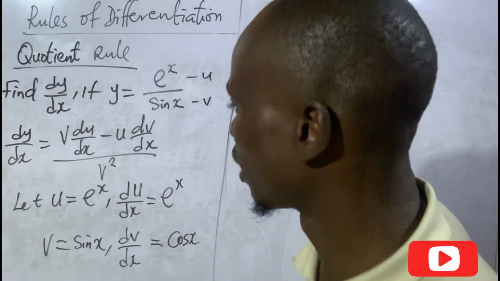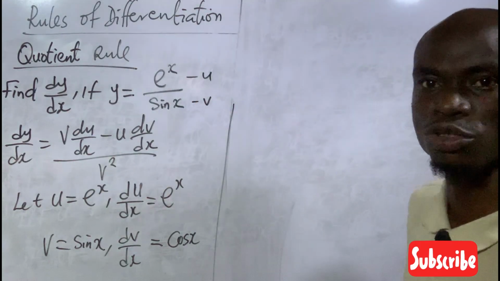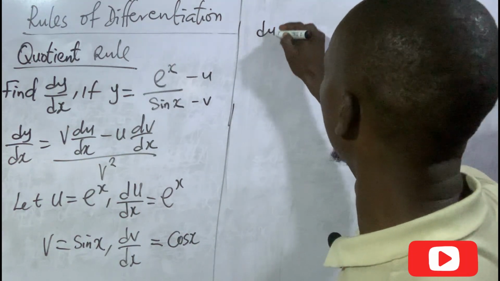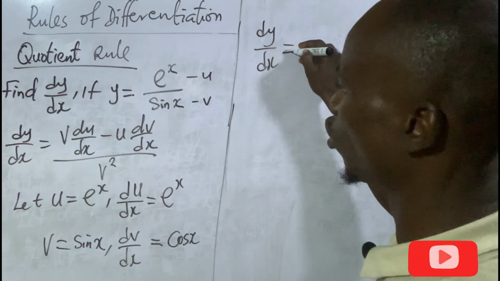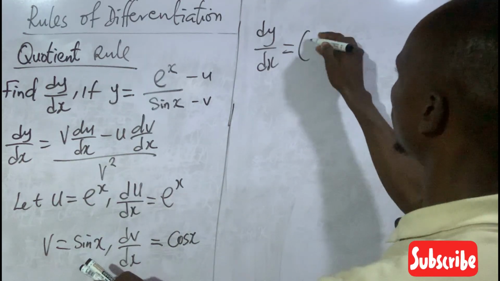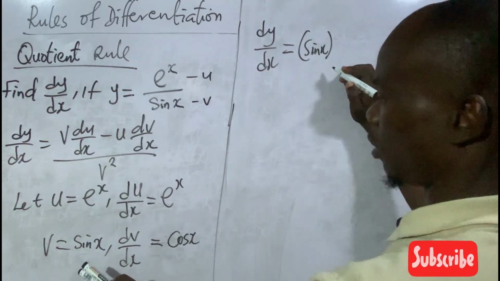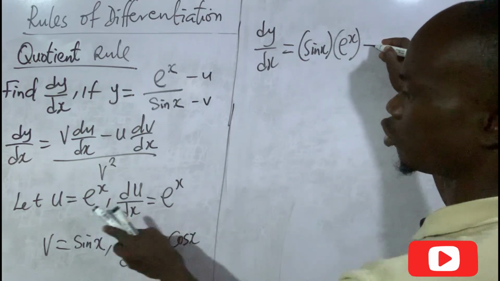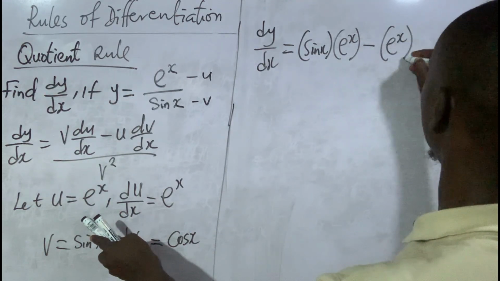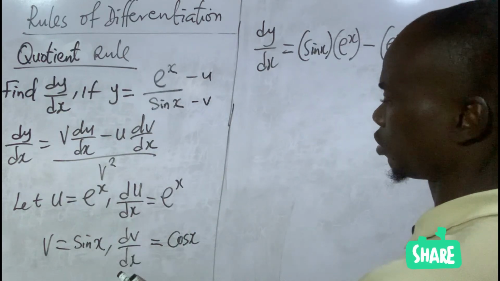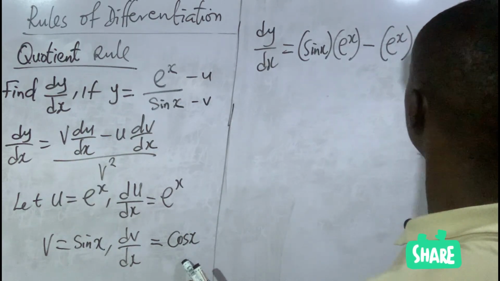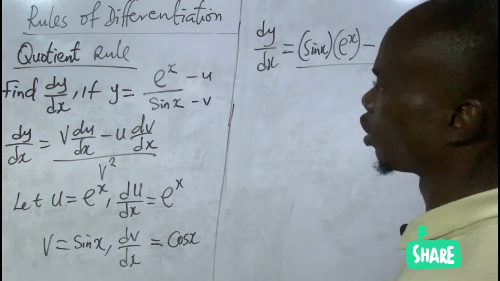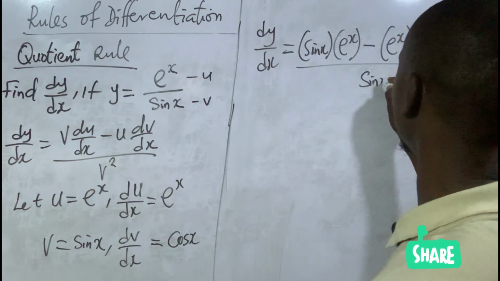Okay? So with that in mind, we can substitute into the formula now. So if we substitute, we have dy over dx to become v, which is sine x, times du/dx, which is exponential x, minus u, exponential x, times dv/dx, cos x, all over v squared, sine x squared.